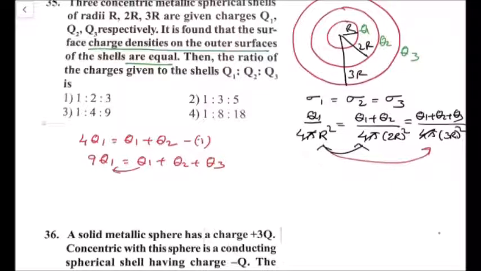So after simplification, 8q1 is equal to q2 plus q3. Actually from the first one, 4q1 minus q1, that is 3q1, is equal to q2. So 3q1 is equal to q2 is taken as equation number 1.